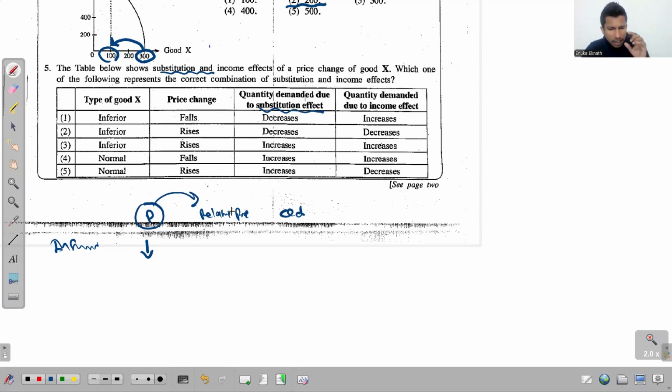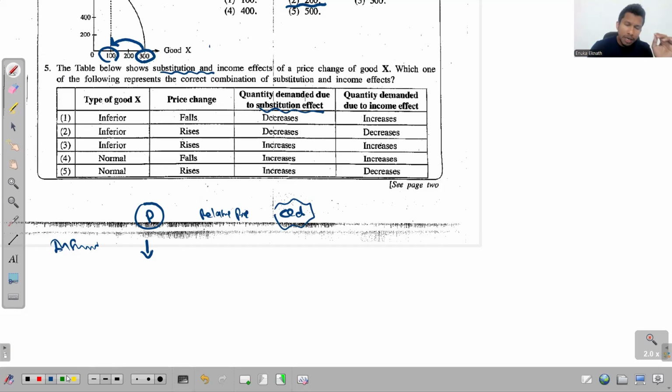Simply, the considered good becomes relatively cheaper or relatively expensive. And as a result, the quantity demanded also changes. Either consumers move from a substitute to the considered good, or the consumers move from the considered good to the substitute. So that is what happens, and that's what we discuss under substitution effect.